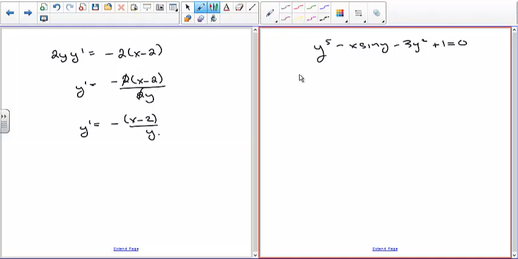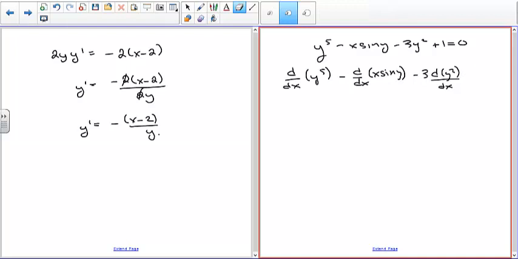Okay, so we're going to again take the derivative of each term with respect to x. And I'm going to go ahead and actually do that derivative because you get 0. And the derivative of 0 is 0.